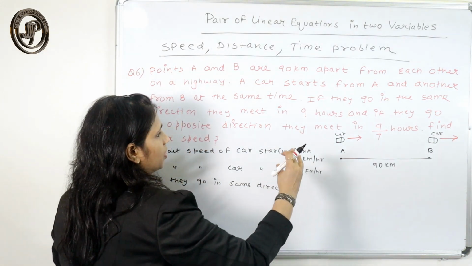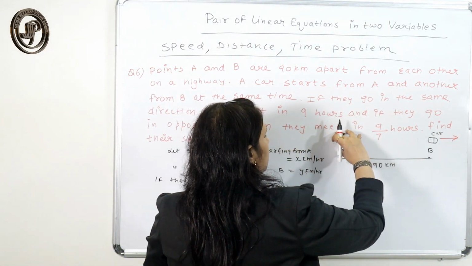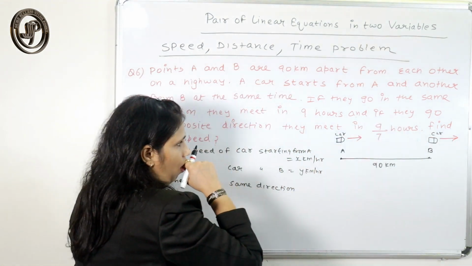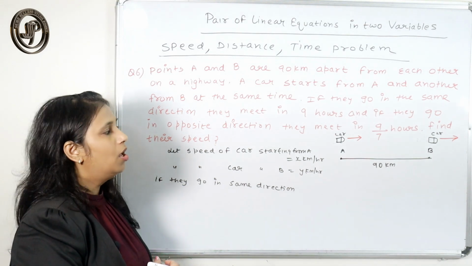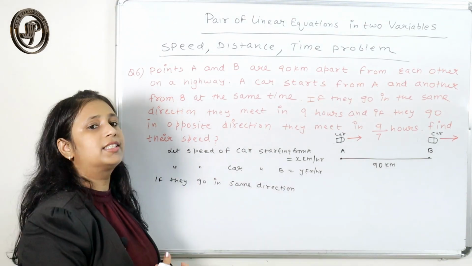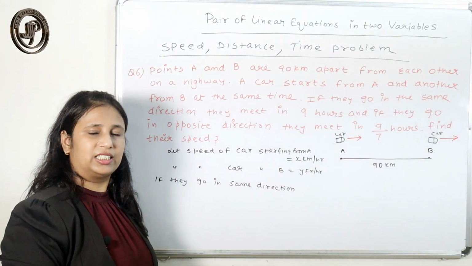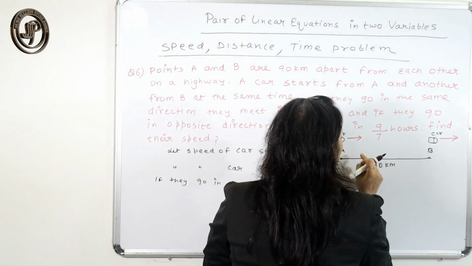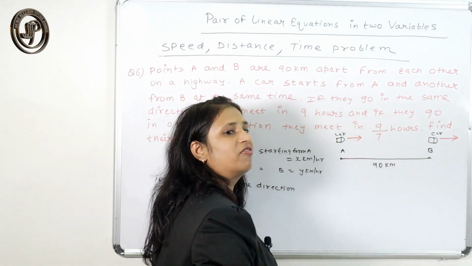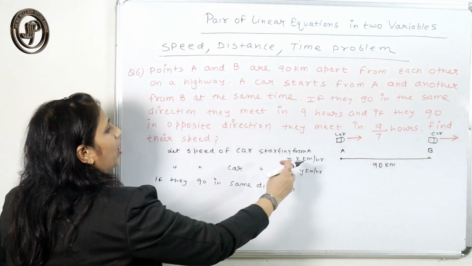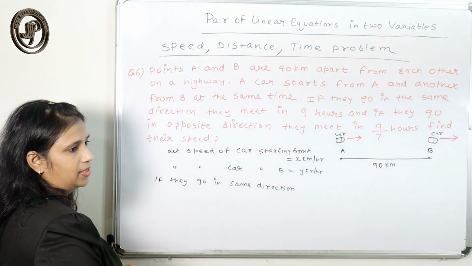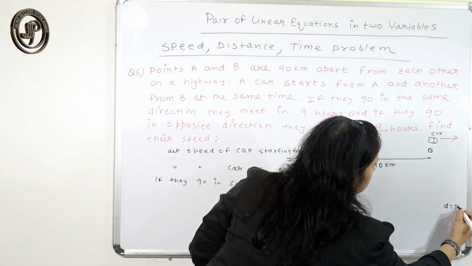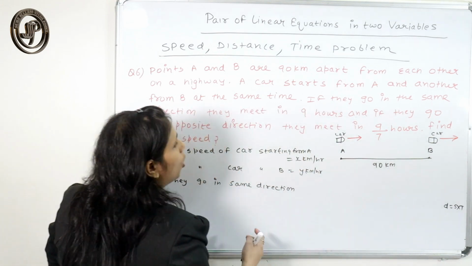the difference of the distance covered by these two cars is 90 kilometer, because that car covers an extra distance of 90 kilometer. So what is the distance covered by each car? We know that distance is equal to speed multiplied by time.